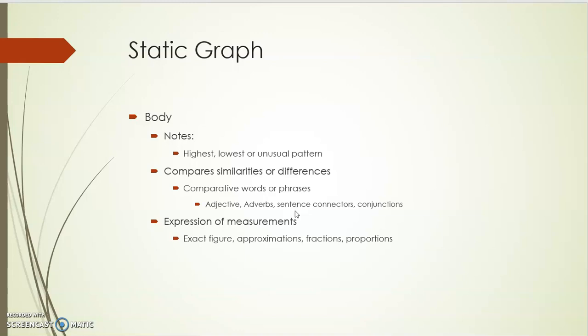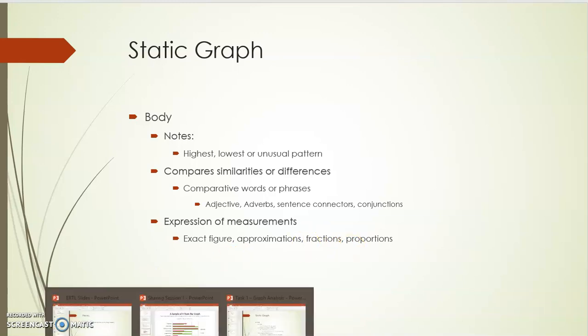If the first sentence and the second sentence talk about differences, then you use sentence connectors that suggest differences, like however, even though. Conjunction is the same. Words like and show a continuation. Words like but suggest differences. Just like a dynamic graph, in describing the measurements, you will also describe using the exact figures, approximation in terms of fractions, and also proportions.